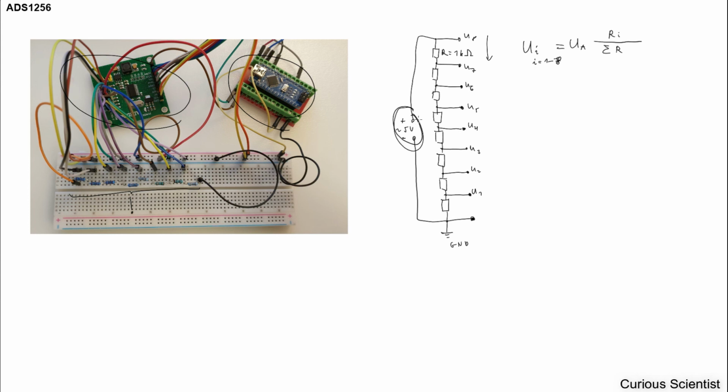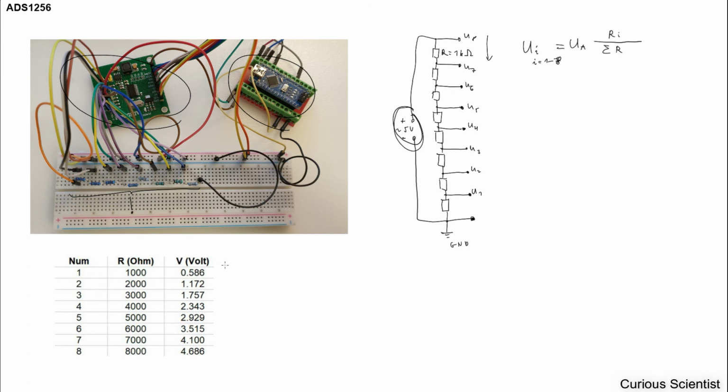And we have some input voltage, and I made an Excel sheet, and I calculated all these values. So I put it right here. So if we have the numbers, we have the resistance, and we have the voltages. So we start from the top basically.